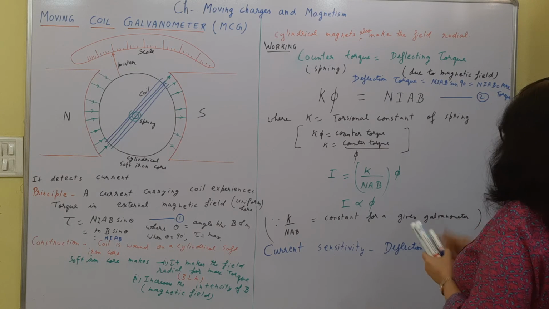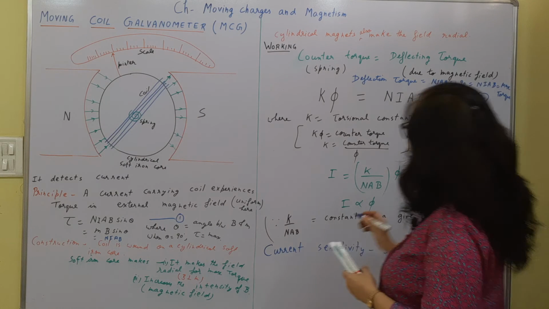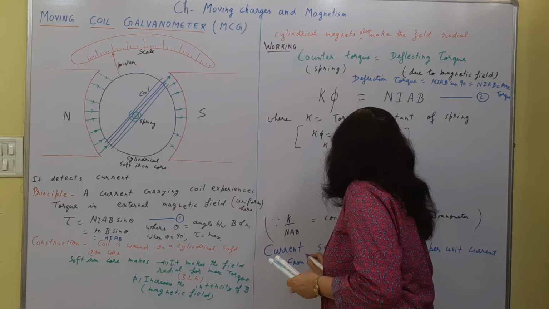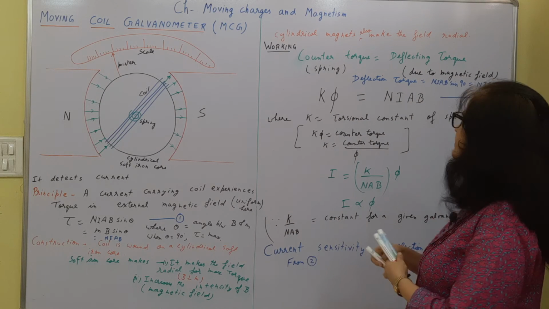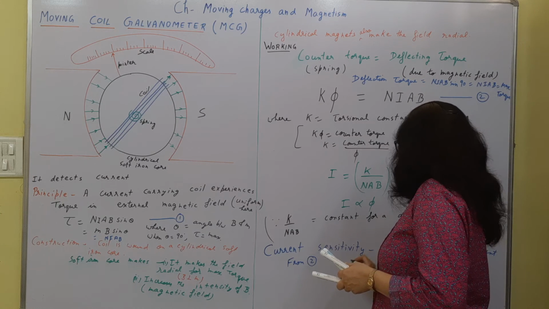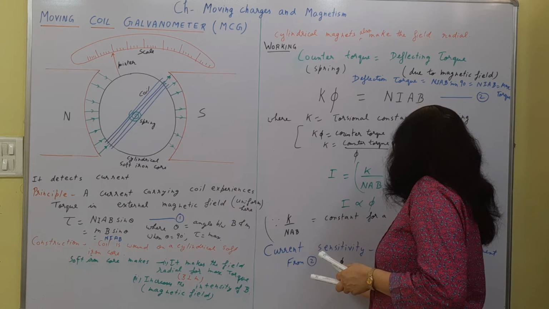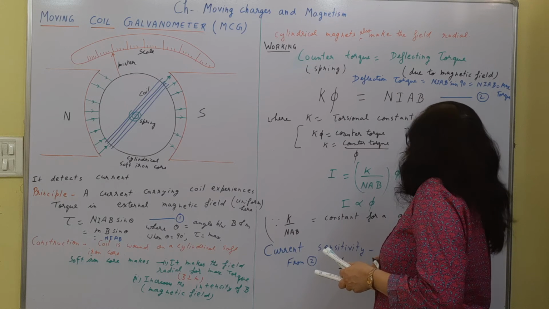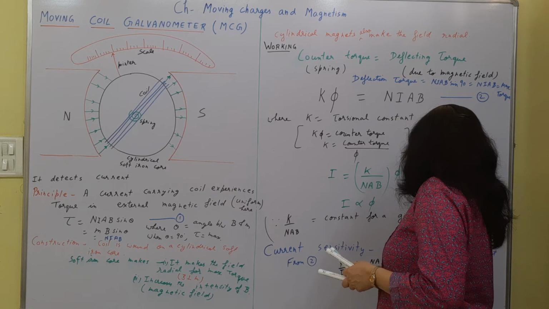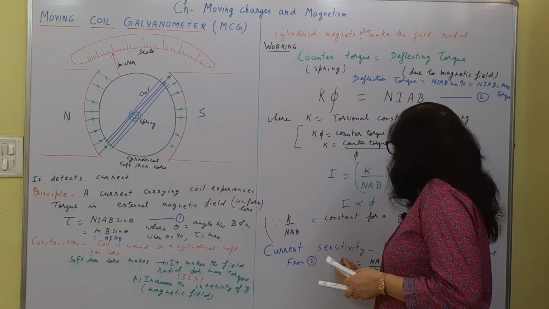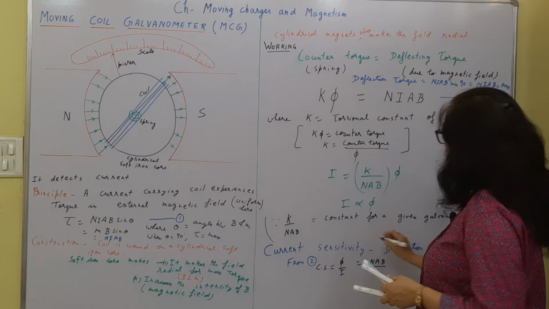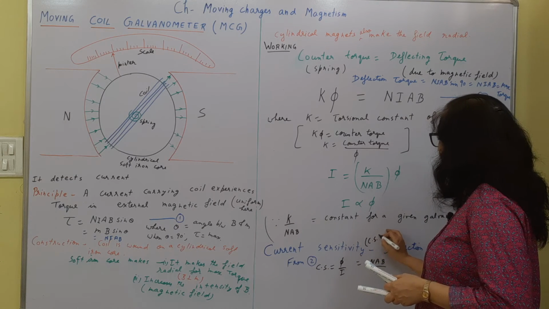Now current sensitivity is deflection per unit current. So from equation 2, what will be the current sensitivity value? Deflection per unit current means phi upon I is equal to NAB upon K. This is also called current sensitivity, denoted by CS also.